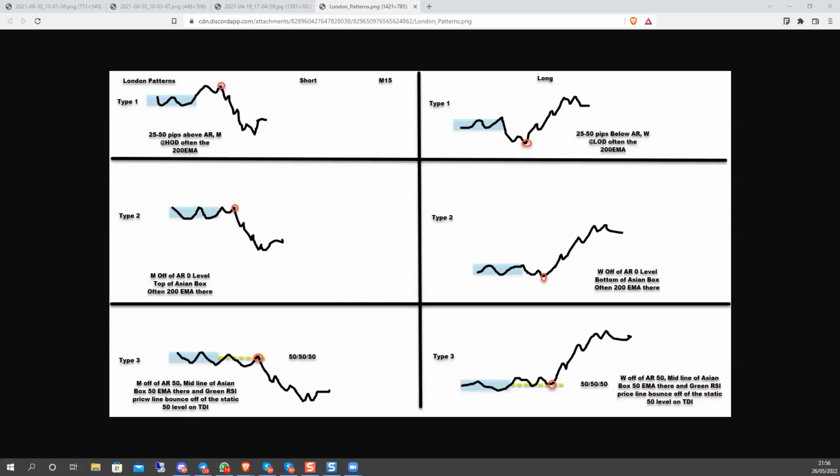And then we have the type 3 London pattern, which respects the 50% level of the Asian range. So accumulate through Asia, and then we make the M formation off the 50% level of the Asian range.